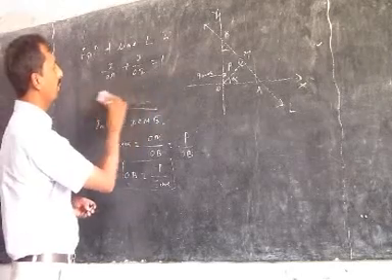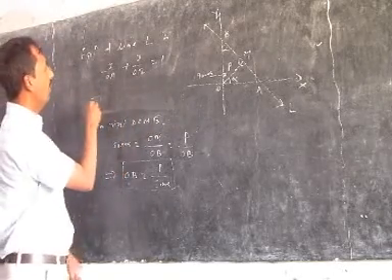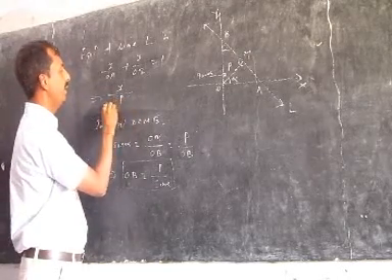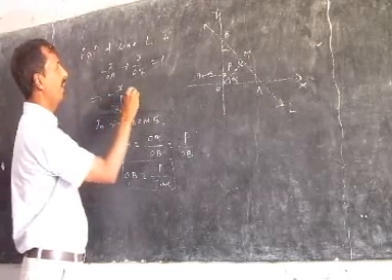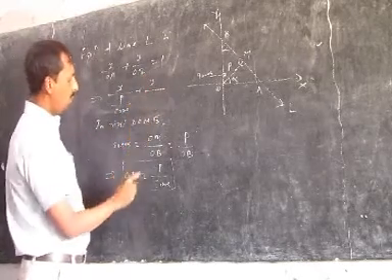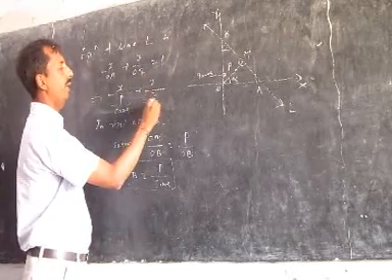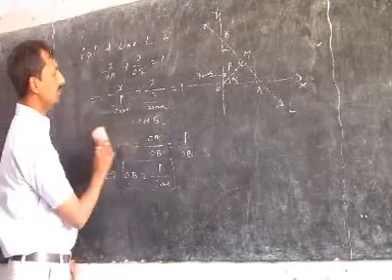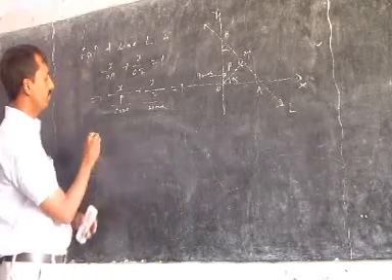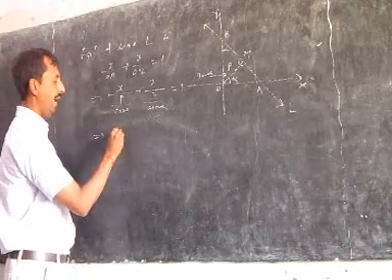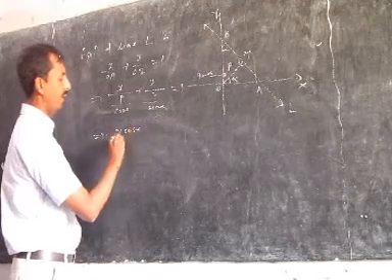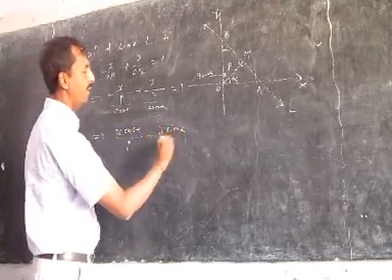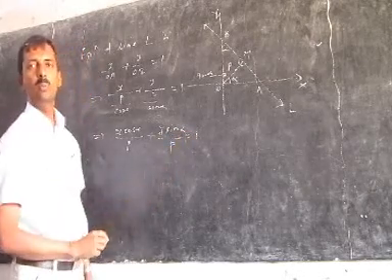OA is equal to P by cos alpha and OB is equal to P by sin alpha. So this is x cos alpha by P plus y sin alpha by P is equal to 1.